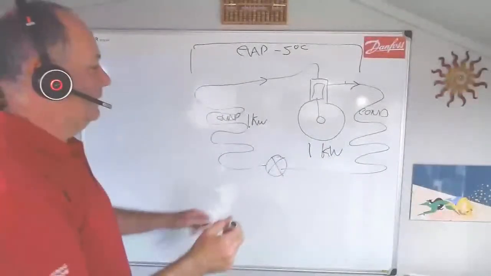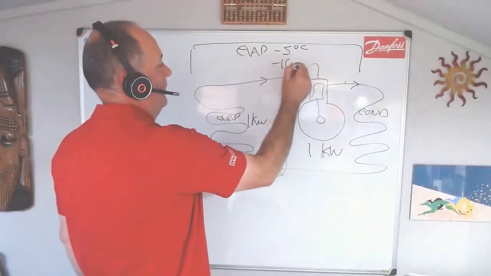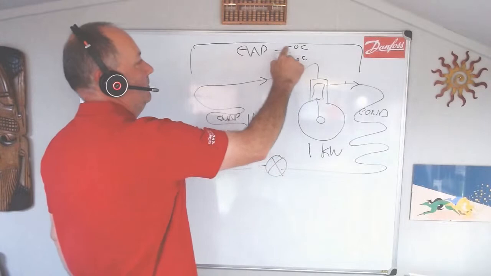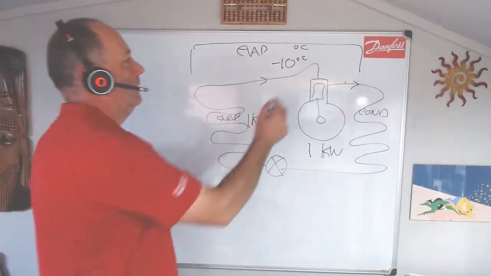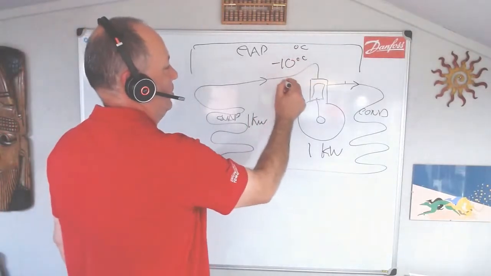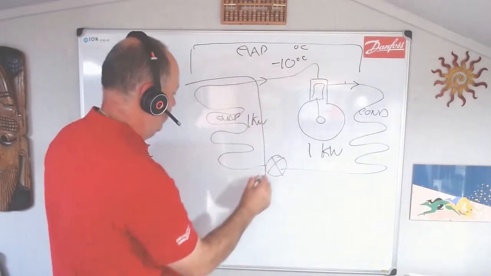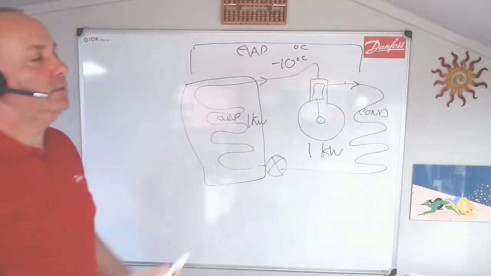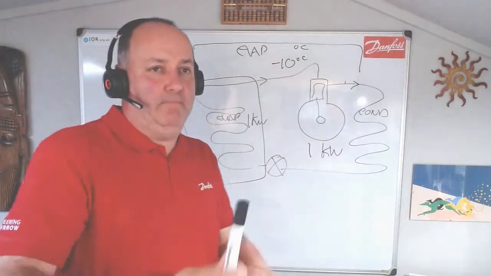All of a sudden, if you've got a bigger compressor, instead of evaporating at -5, because that's sucking more on the suction, we might evaporate at -10. So what we're trying to do by capacity control is to maintain the suction pressure, suction temperature, the evaporating temperature that we want in our evaporator where we want it. So that's a very simple explanation. I hope that explains what we need to know.